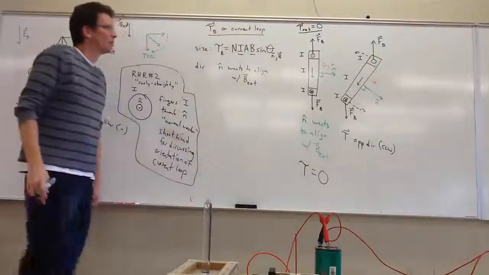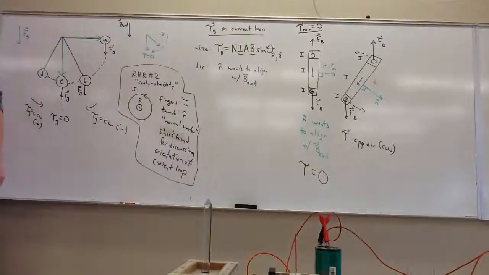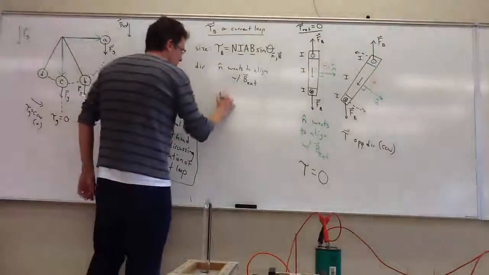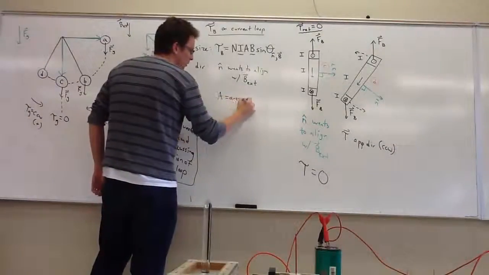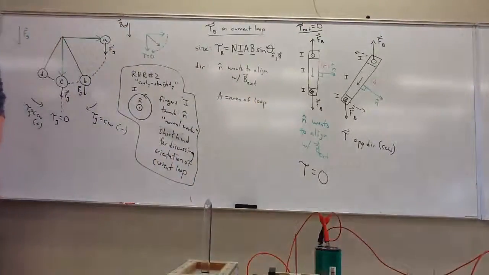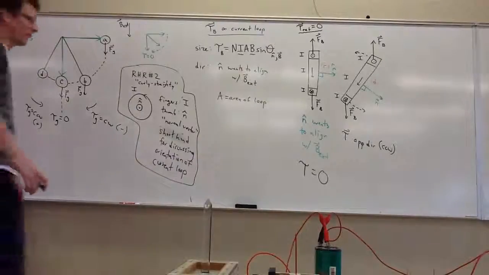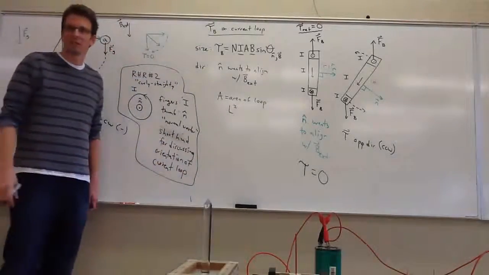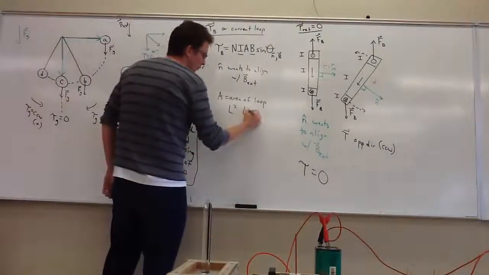Okay. So what is this other stuff? A, haven't seen that one before. A is actually just the area of the loop. So for instance, if the loop is a square, you can use L squared, if it's L on a side. If it's a rectangle, you can use length times width.